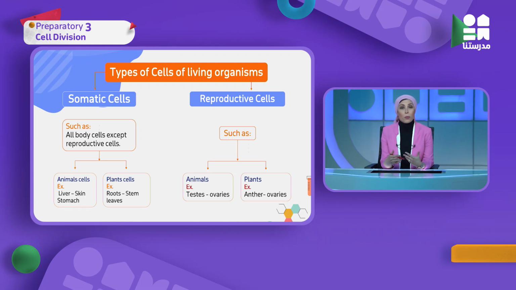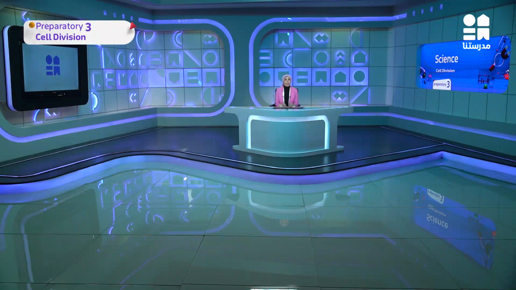They grow up and reproduce, giving new plants, new individuals, by anther and ovaries. So here the reproductive cells in animals are called testes and ovaries. What about in plants? They are anthers and ovaries. Before we go through this part, we have to know something which I'm going to make with you as a diagram. Let's go and see what.